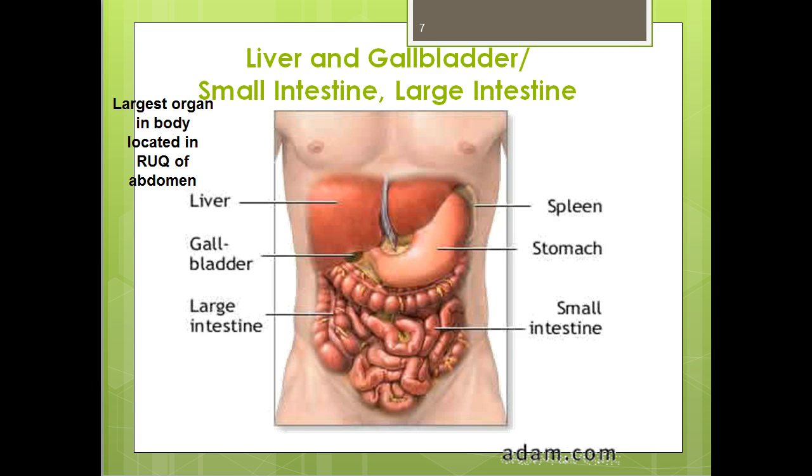It performs 400 functions in the body, and that's quite a few functions. It detoxifies harmful compounds in the body, and it breaks down amino acids, which are proteins, before they develop into proteins. So you can see why the liver plays a big role.